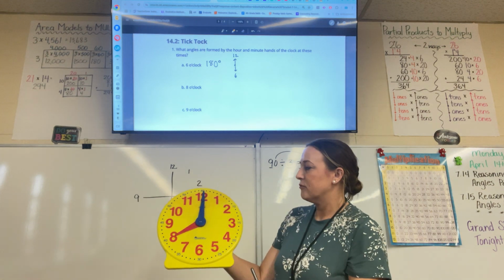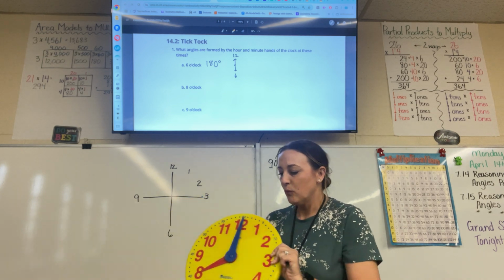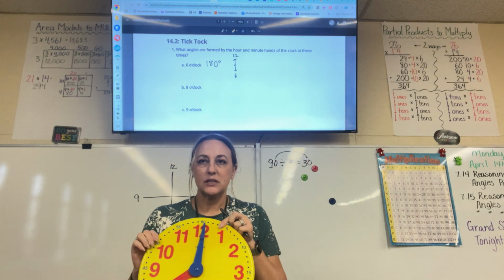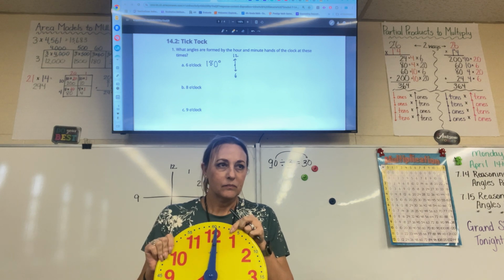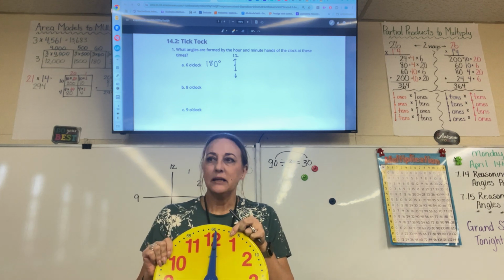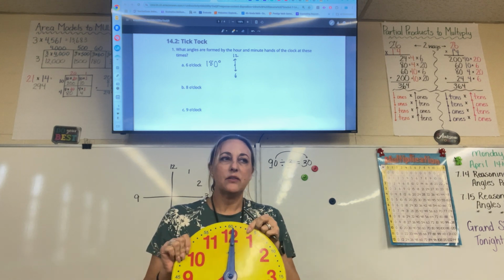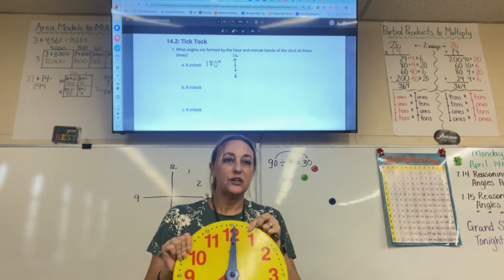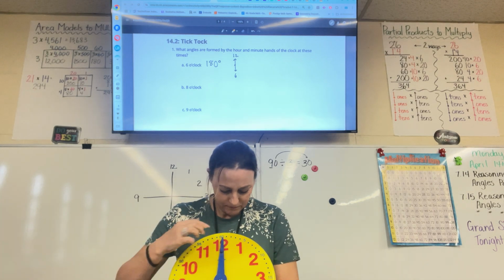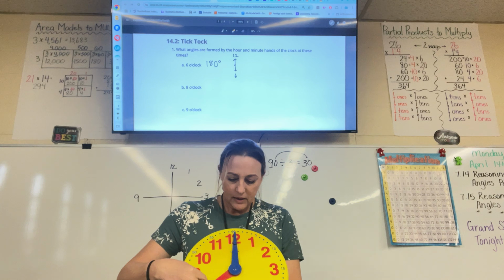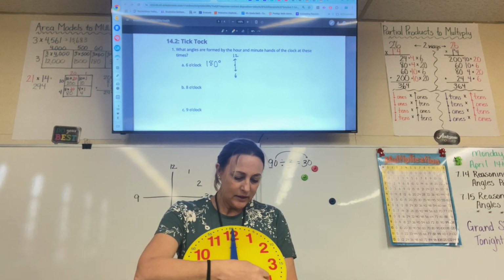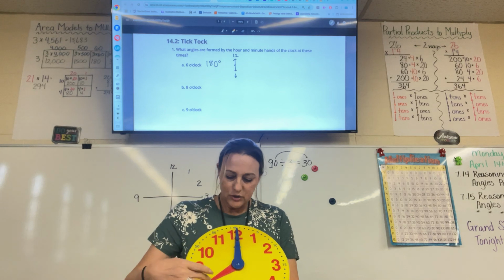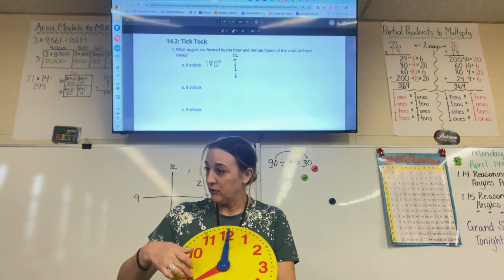No, that's not 140. Do you remember how big each of these is? How many degrees? 5 minutes. But how many degrees? You just wrote it on the top of the last page. 30 degrees. So watch. 30, 60, 90, 120. So that is a 120 degree angle.